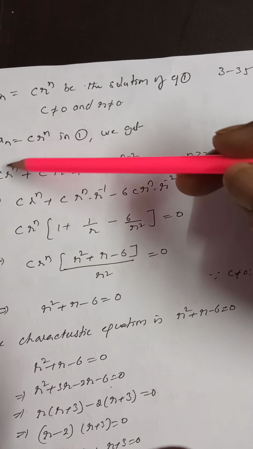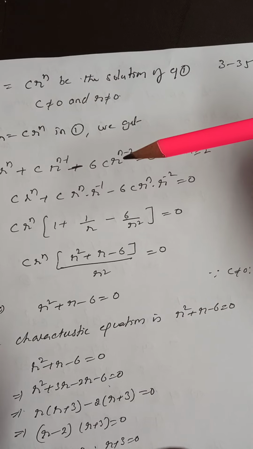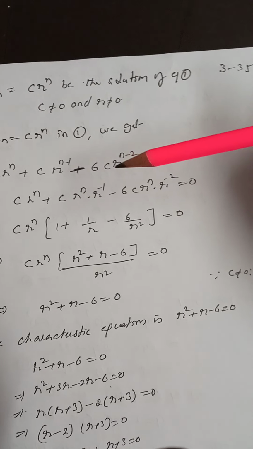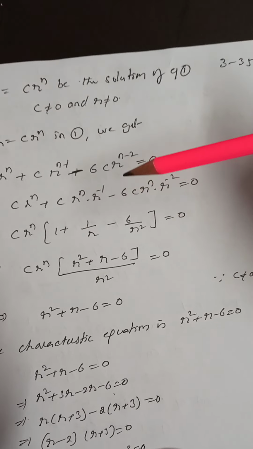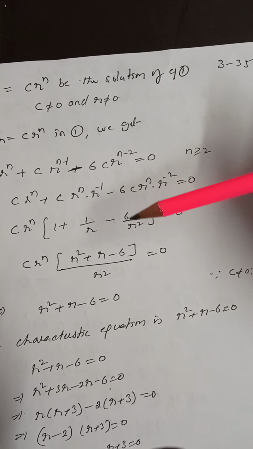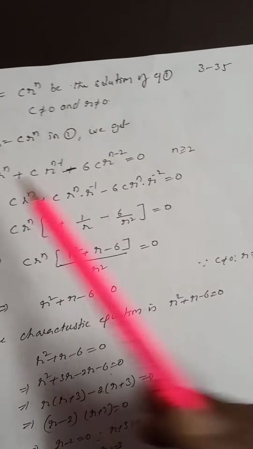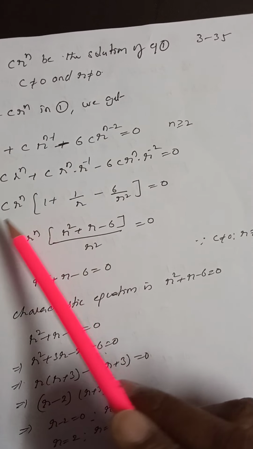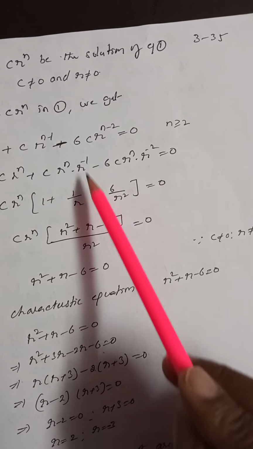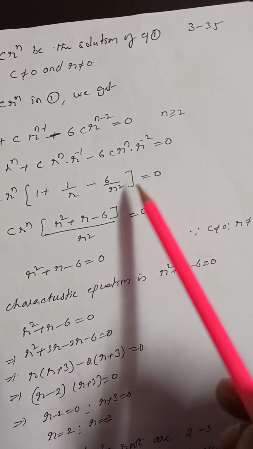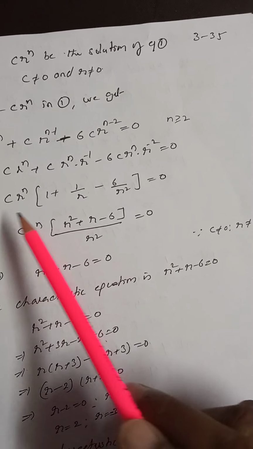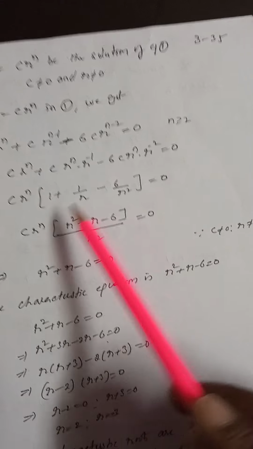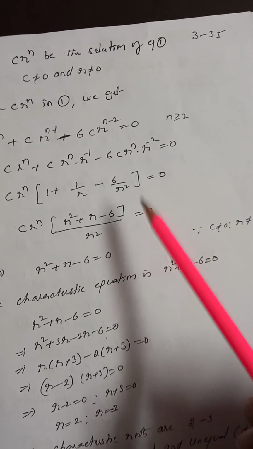In the place of an we write c into r power n, in the place of an minus 1 we write c into r power n minus 1, and in the place of an minus 2 we write c into r power n minus 2. After simplification, c into r power n into 1 plus 1 by r minus 6 by r square is equal to 0. Because c r power n is not equal to 0, we equate the bracket to 0.